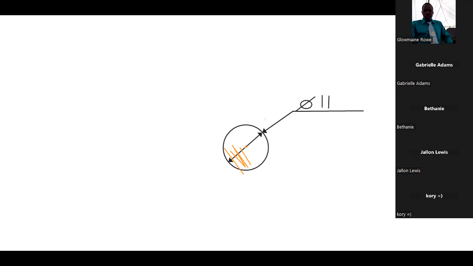Type in diameter and radius. Share my screen. Close the whiteboard for a moment.